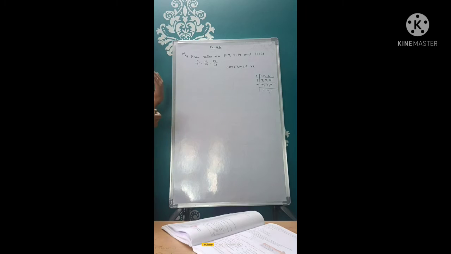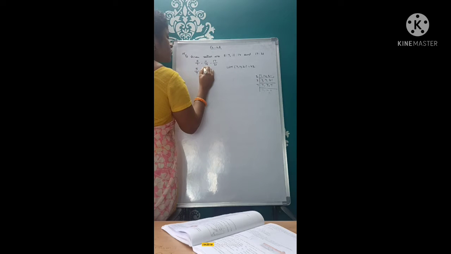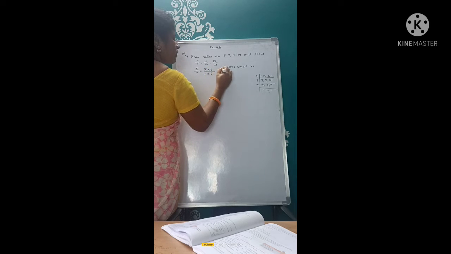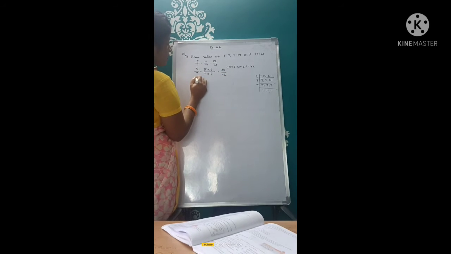So now convert all the fractions into equivalent fractions with the same denominator 42. So 5/7 equals, both numerator and denominator are multiplied by 6, then we get 30/42. Second one 11/14.